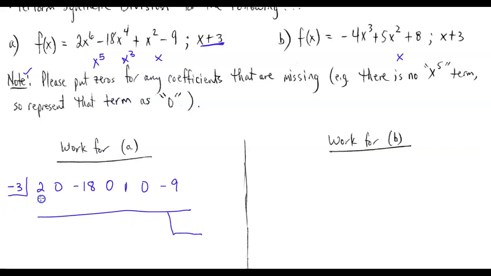We make our remainder box here. And then the first step, we pull down the 2, and then we do a series of multiplying and adding. So -3 times a +2 is a -6, and then we add.